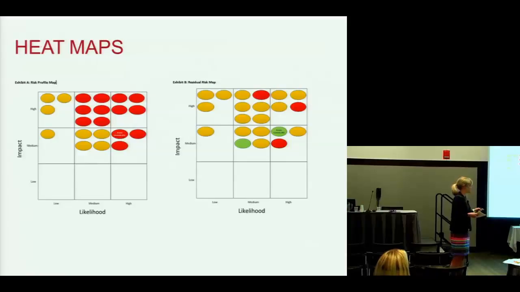As part of our report, we also had these heat maps, and the heat map on the left is the inherent risk level. I've left the access controls example in, though you can barely see it, so you can follow it from the matrix slide. You can see where each of the 21 risk areas fall in terms of their inherent risk.